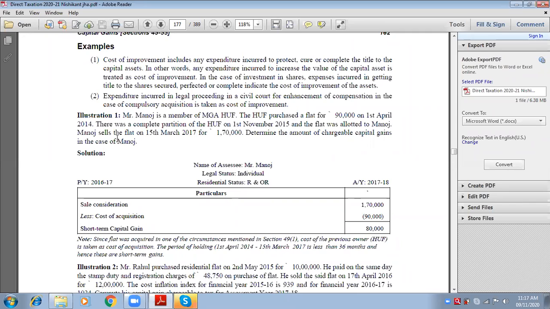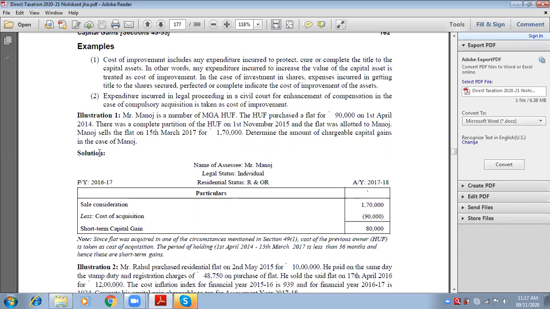Now he sells the flat on 15th March 2017. Determine the amount of chargeable capital gains in the case of Manoj.